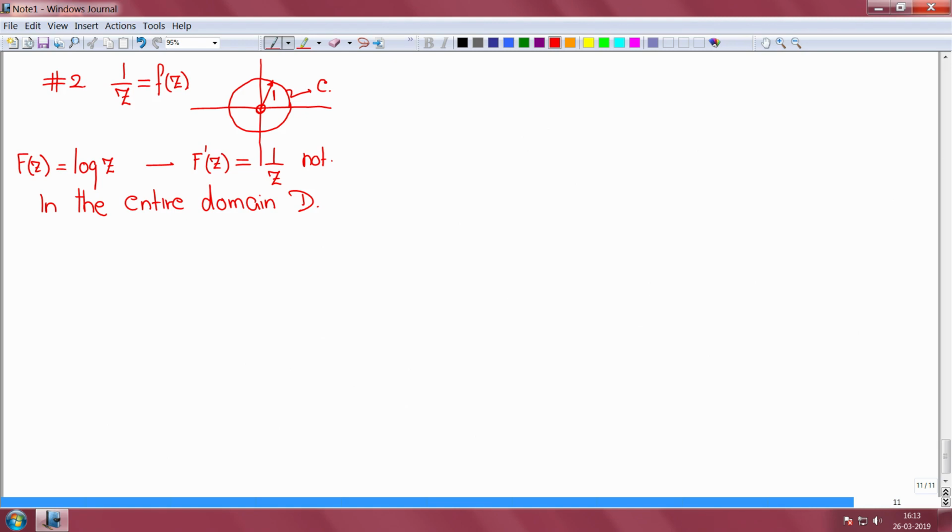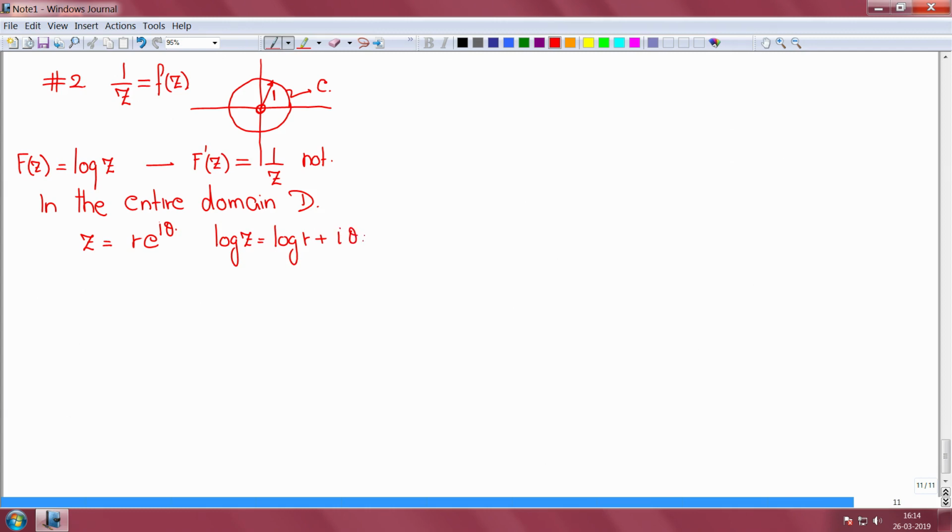Now suppose we use this contour which we have, and since we are moving on a circle, z can be represented as r e to the power of i theta, where r is the radius, which is a constant. In this case it is 1. Then log of z is equal to log of r plus i theta.